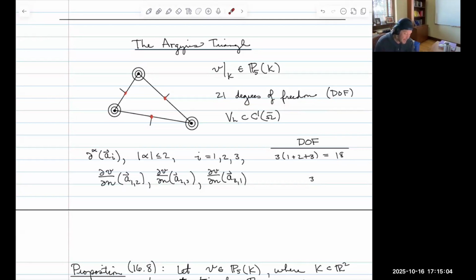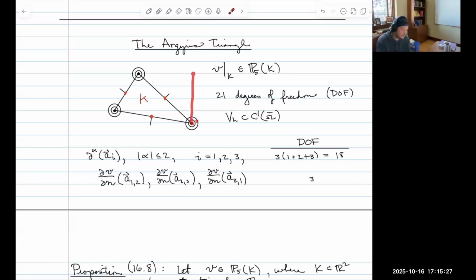So if we really want functions to be globally C1, then we're going to consider piecewise polynomials on this triangle K. And for near neighbors, we're going to make sure that the function values, the first partial derivatives and the second partials agree.